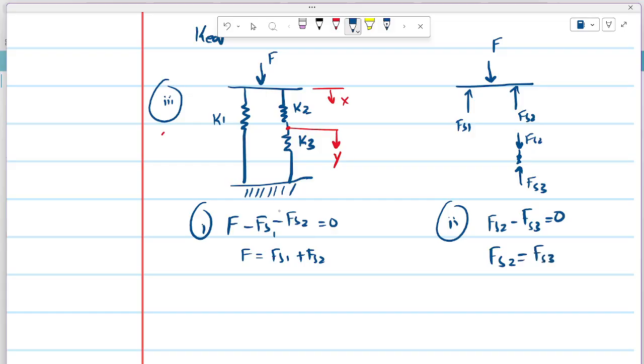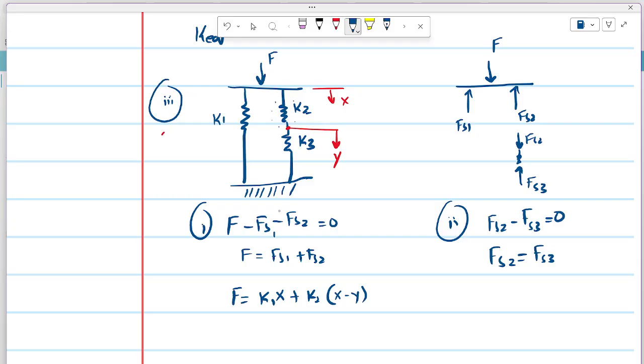If we start writing the formula of the spring force, that will be F equals K1 x plus K2 times (x minus y). Subtracting y from x gives the net displacement of spring 2, because x is the total and the part y is not covered by the second spring.